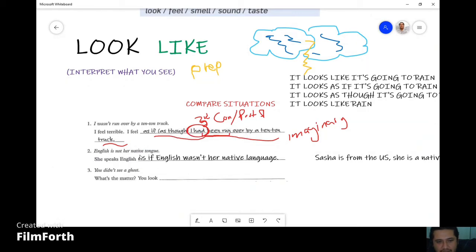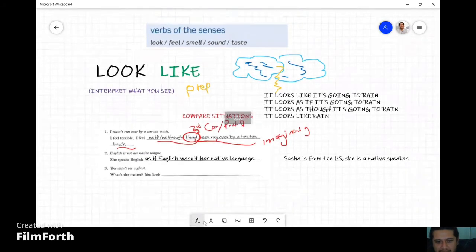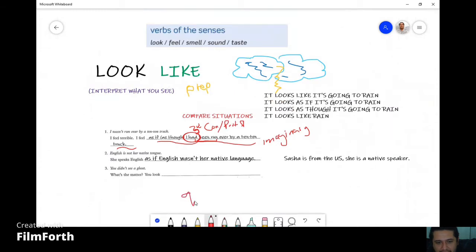So you can make comparisons with as if. And if you consider the last one, as if, you can make the comparisons using all the conditionals that we have. We have the zero conditional, the first conditional, the second, the third conditional.